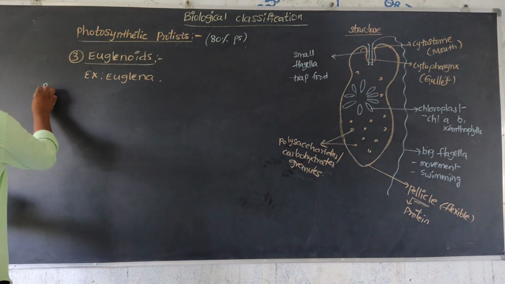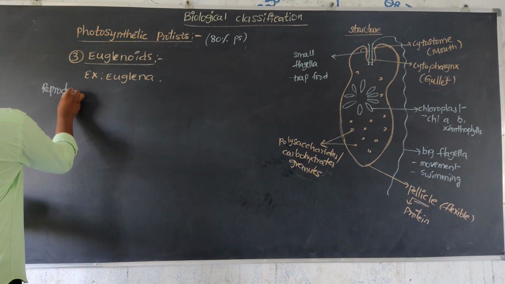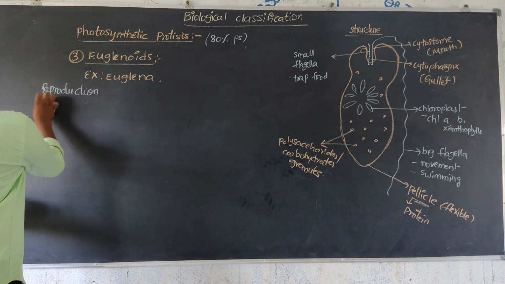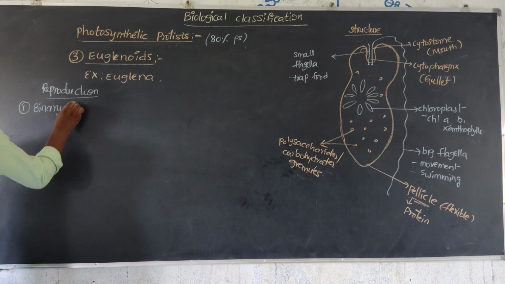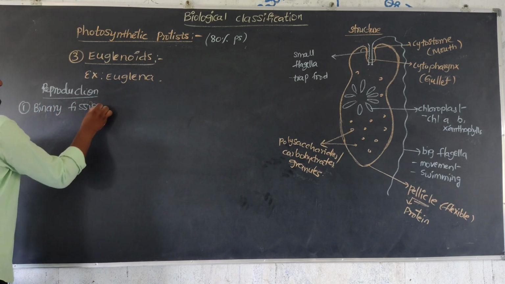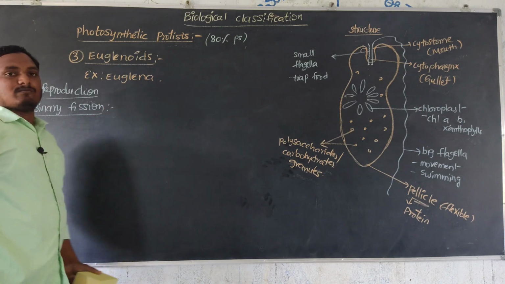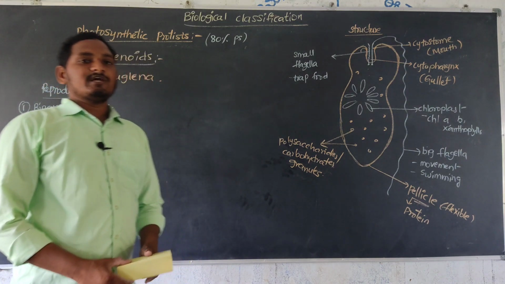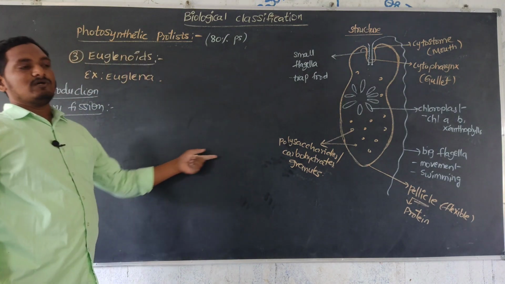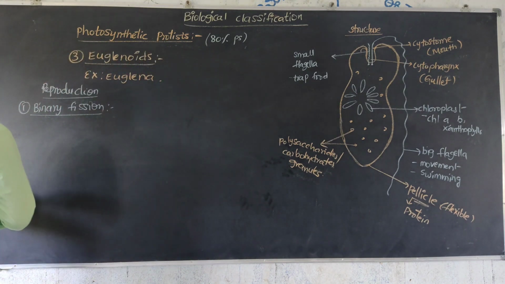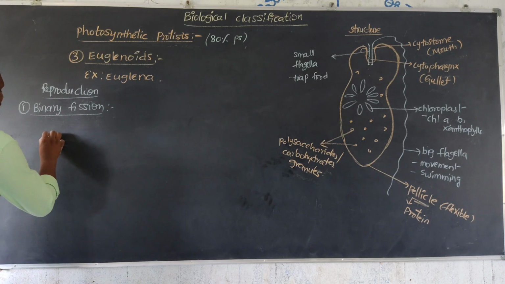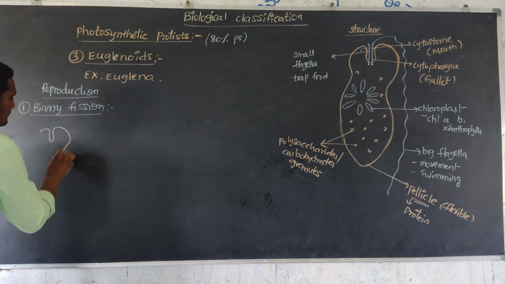Next, reproduction in Euglena is mainly by binary fission. One Euglena body, the parent Euglena, splits into two equal halves. So this is Euglena.